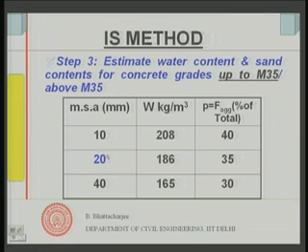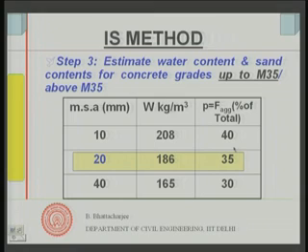If I use 20 mm MSA, my basic water content should be 186 kg per meter cube starting water, and volumetric percentage of fine aggregate in the total aggregate is 35%.